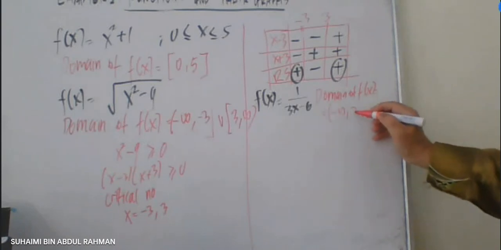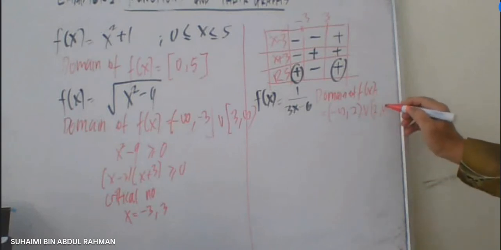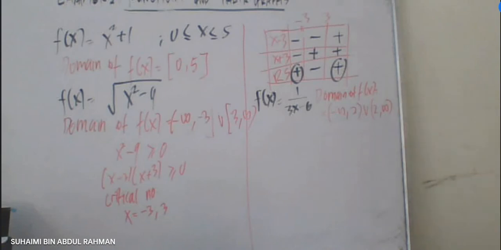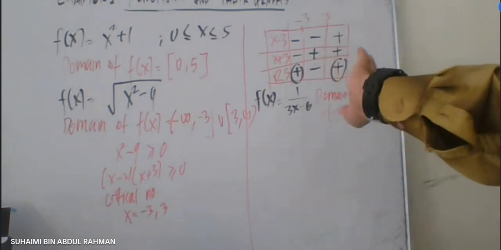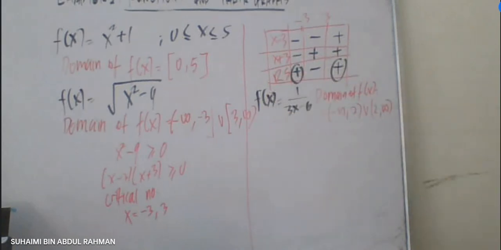Minus infinity to 2, union with 2 until infinity. You get it? You understand? Yes. Because here we can have all the numbers except number 2. Except number 2 we cannot have.